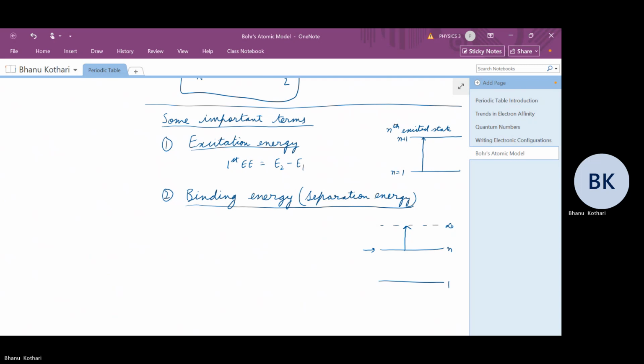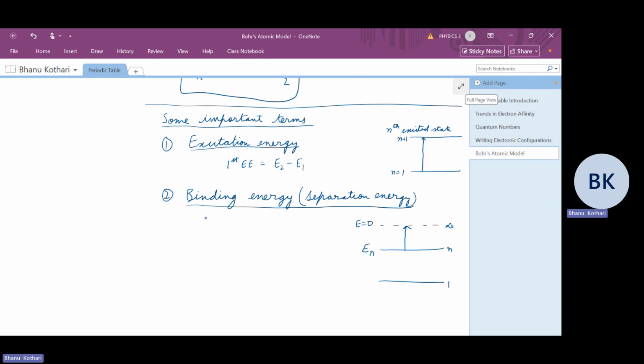So the binding energy of the nth quantum state will be minus of En, because the energy at infinity is zero. The energy of the nth quantum state is En, so the energy required to bring the electron from this energy level to n equal to infinity will be 0 minus En.